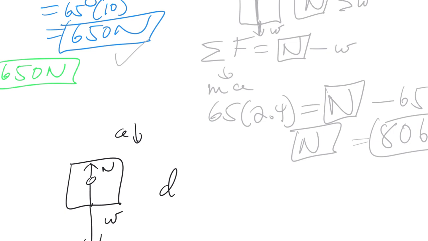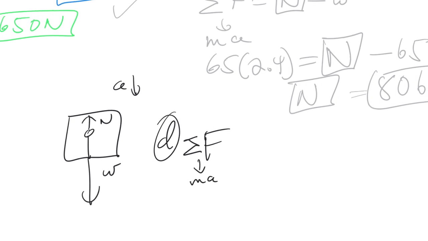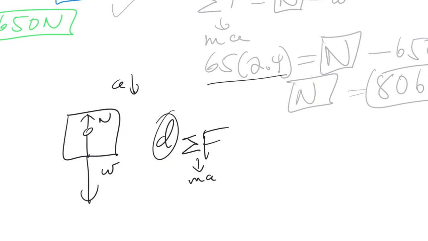So the net force is still going to be ma. We already solved that up here. And that equals the bigger force, which is a downward force because the acceleration is downward.